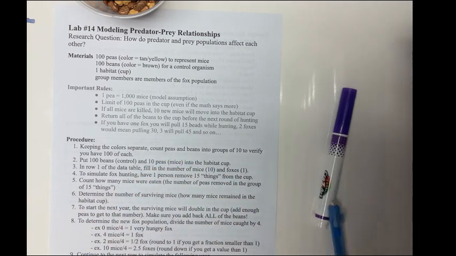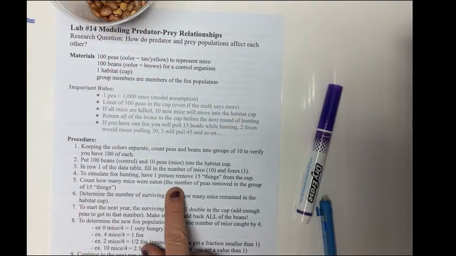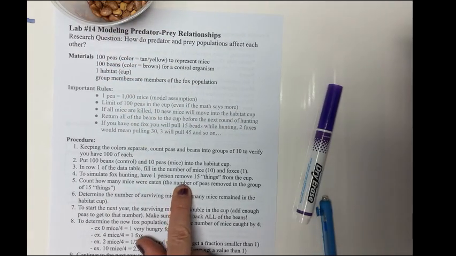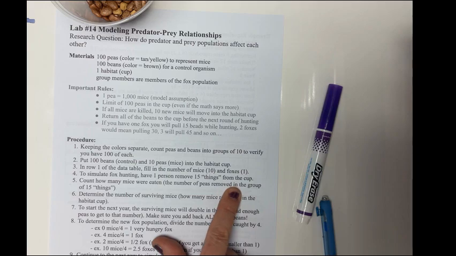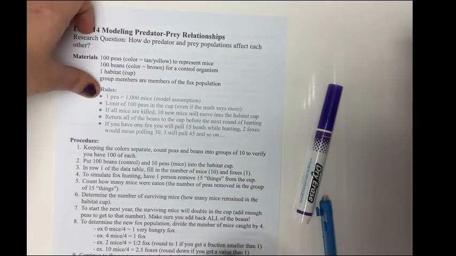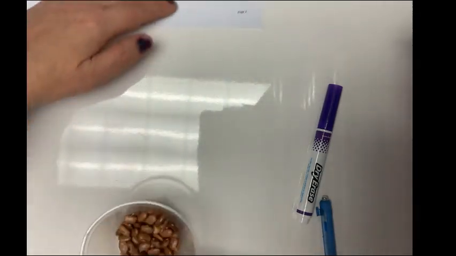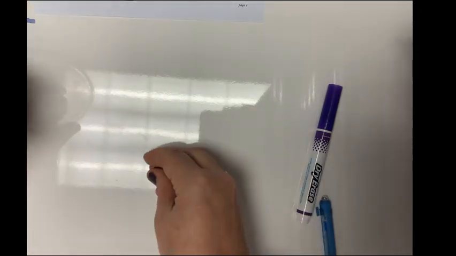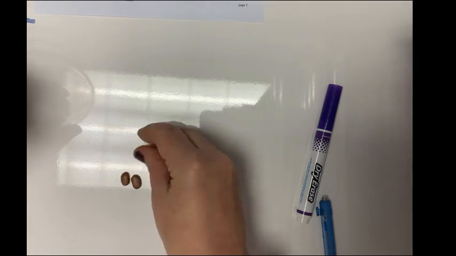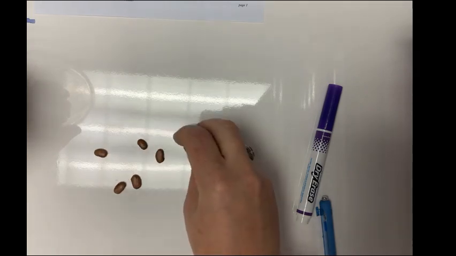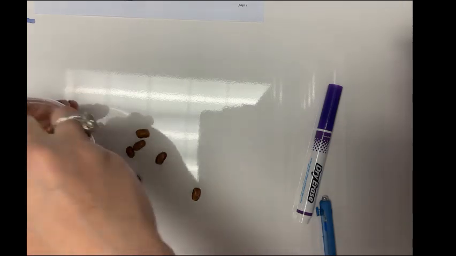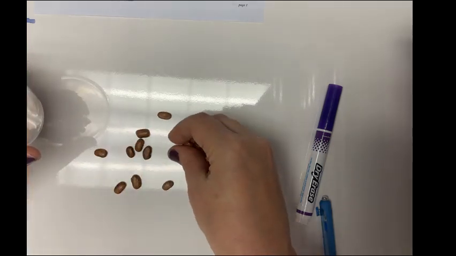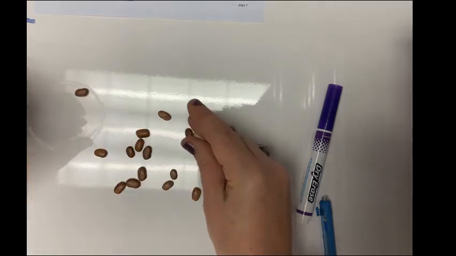All right, so to simulate the fox hunting, we're gonna have one person remove 15 things from the cup. Okay, so I'm just gonna move my directions out of the way a little bit. So all I'm doing is I'm not looking at what I get. 1, 2, 3, 4, 5, 6, 7, 8, 9, 10, 11, 12, 13, 14, 15.